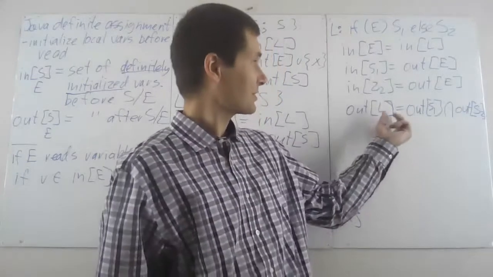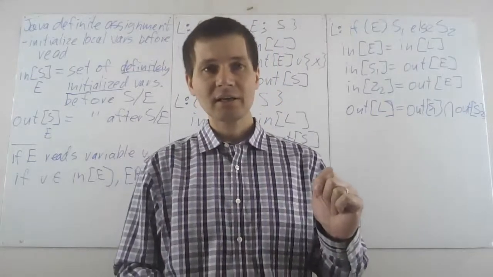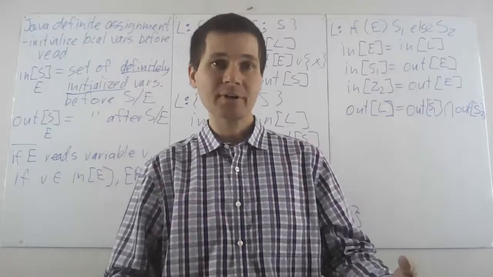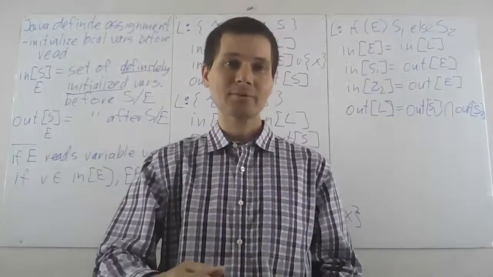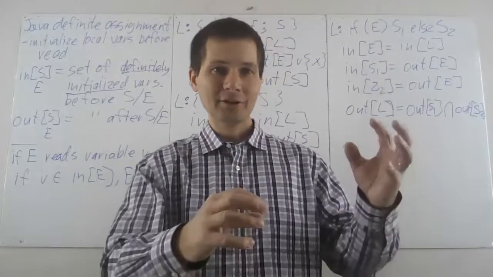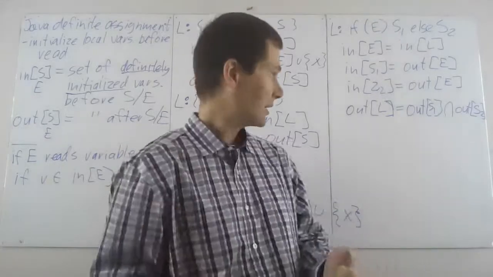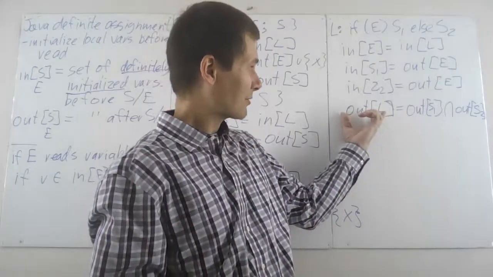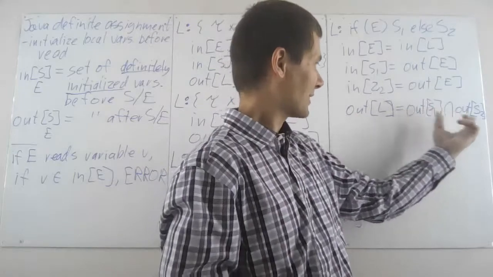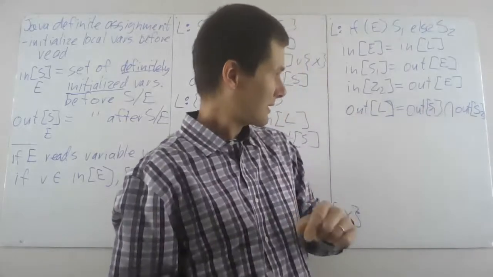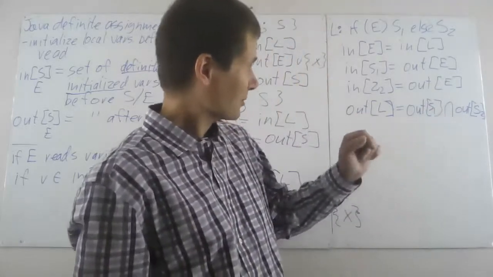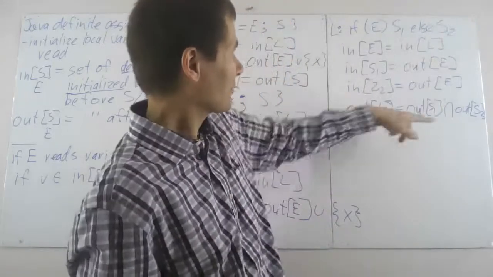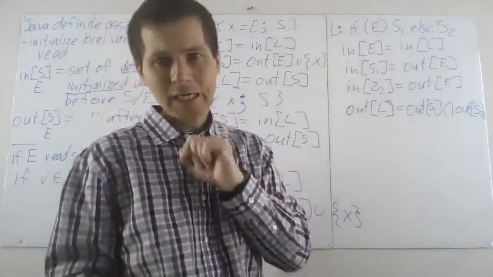One thing that's still the case here is the equations are not recursive, so you can do a single pass through the program and solve the equations just by implementing them directly. If I want to compute out of L, I'm going to compute out of S1 and out of S2 and intersect them. That's going to recurse into S1 and S2, but I'm never going to have a case where I come back to out of L.